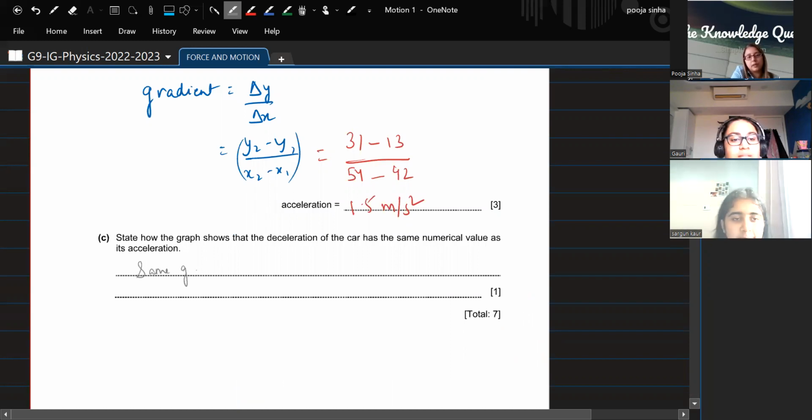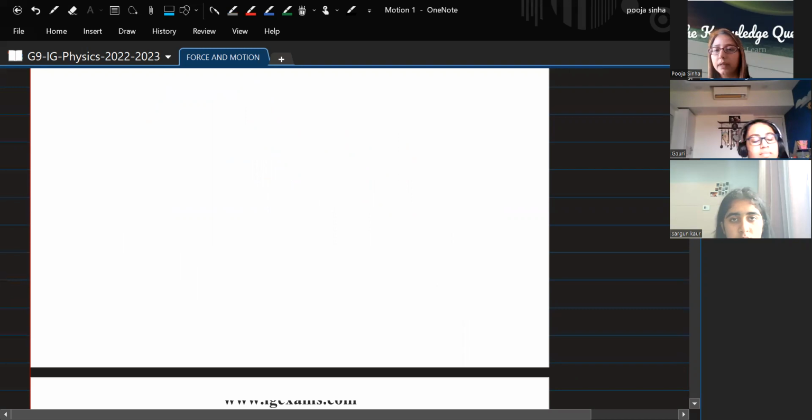Same gradient, just the direction is opposite. Hence the negative sign. Okay? Clear? If you say same gradient, the answer is still correct. If you say same slope, the answer is the same. You can use either word. Clear?